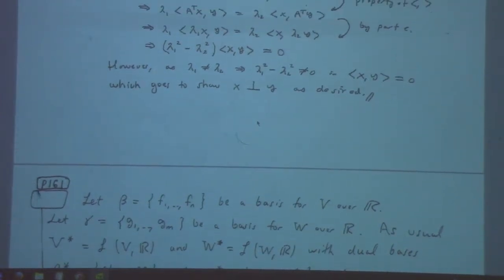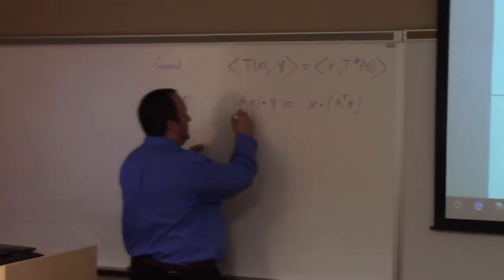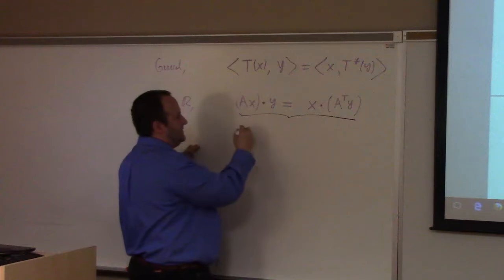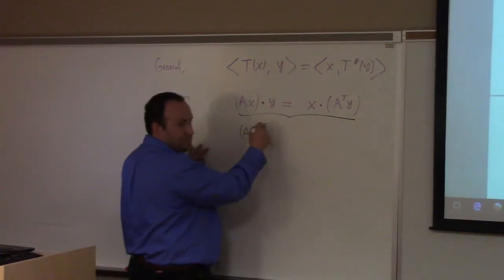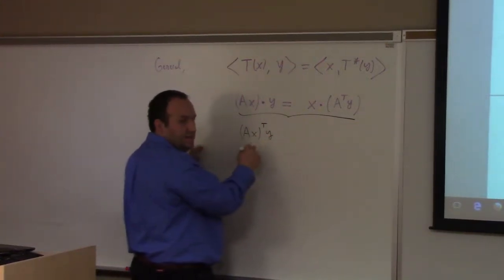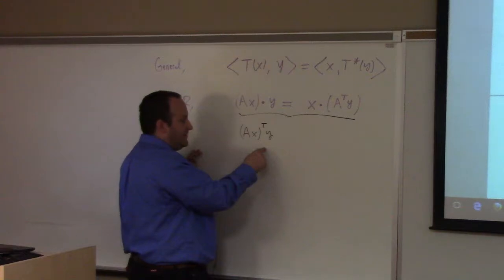Oh, let me just address this right quick. How would you prove? So this is what? This is a matrix formula for that is what? AX transpose times Y, right? This is a 1 by n times n by 1. It's a 1 by 1, right?